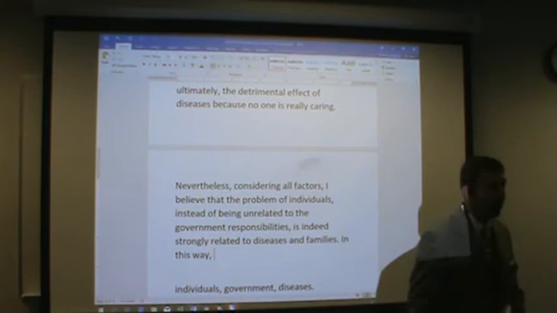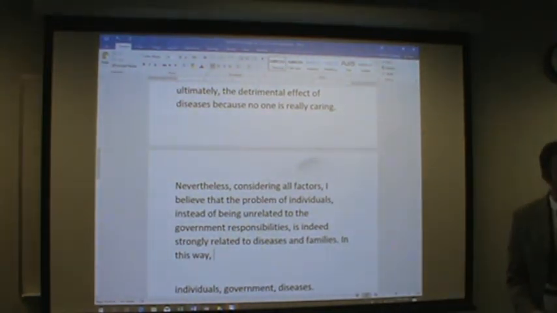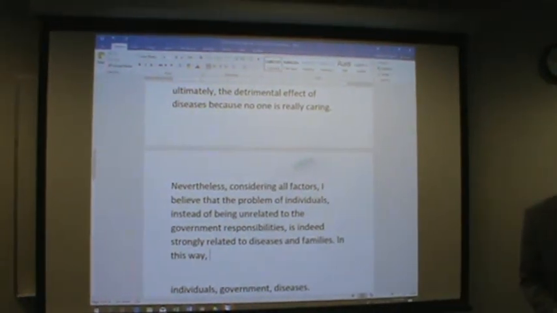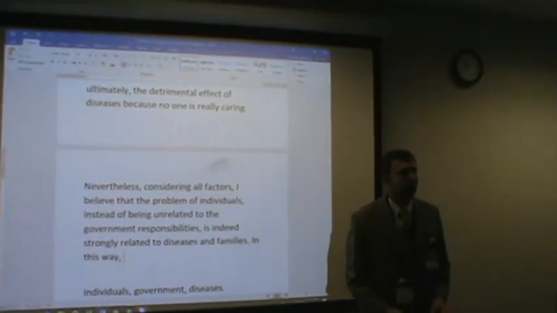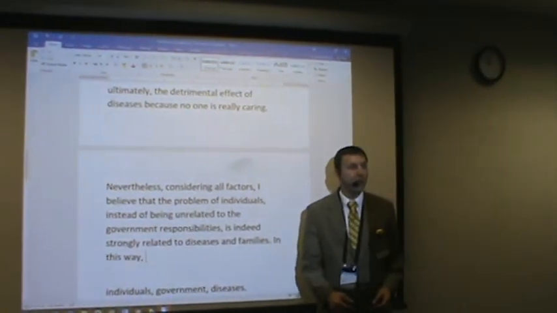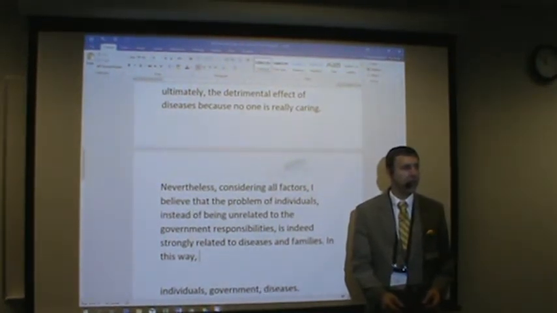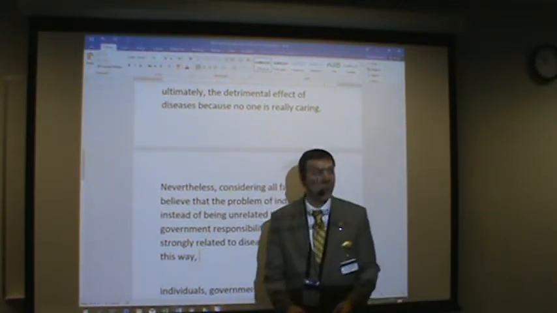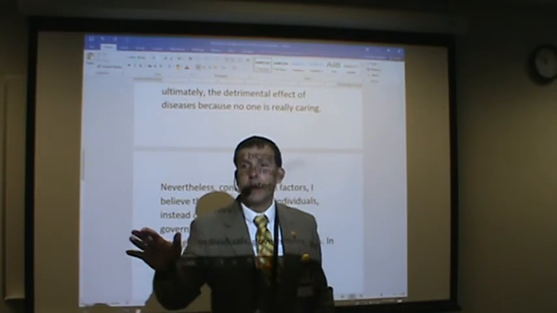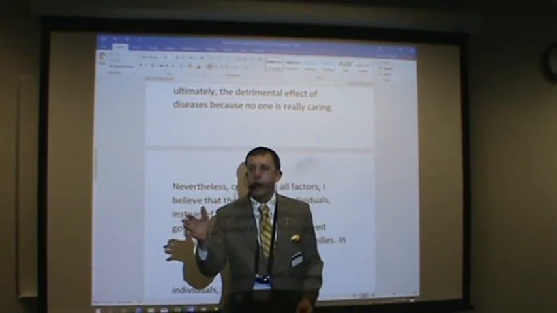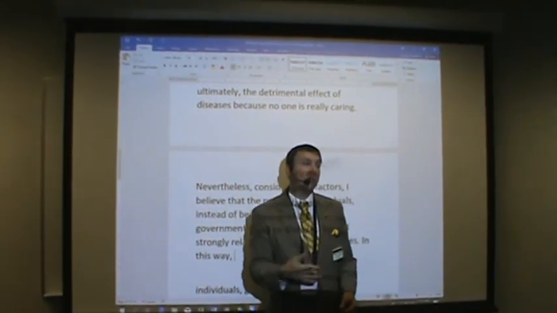Okay? In this example, we need to know what is our conclusion about this problem. Because somebody maybe say, okay, I think the problem is the government. Other people say, I think the problem is the individuals. We need to know which one is the conclusion. But let me explain.